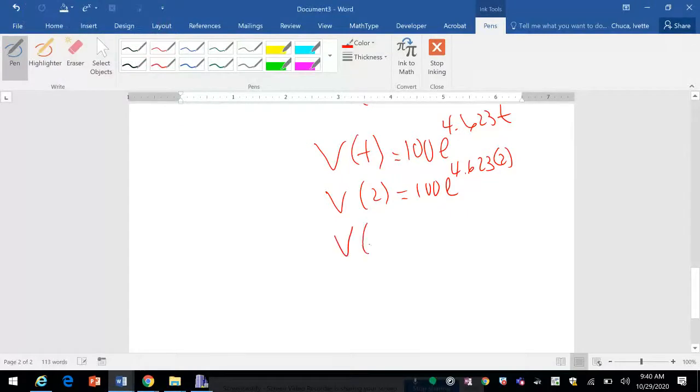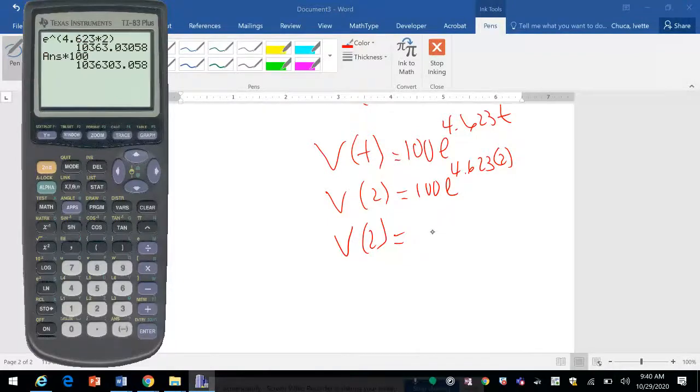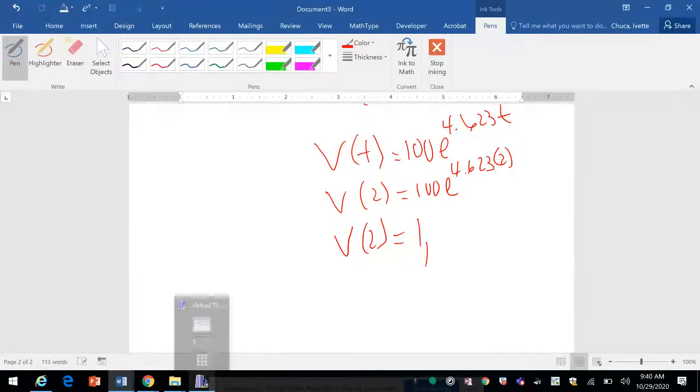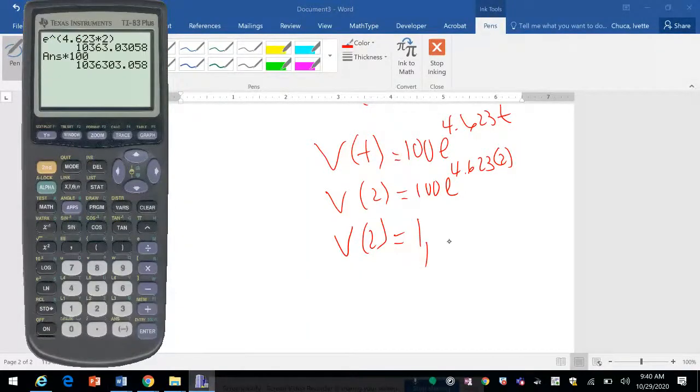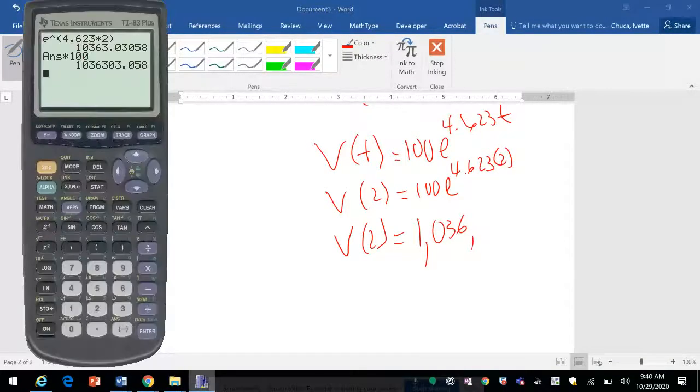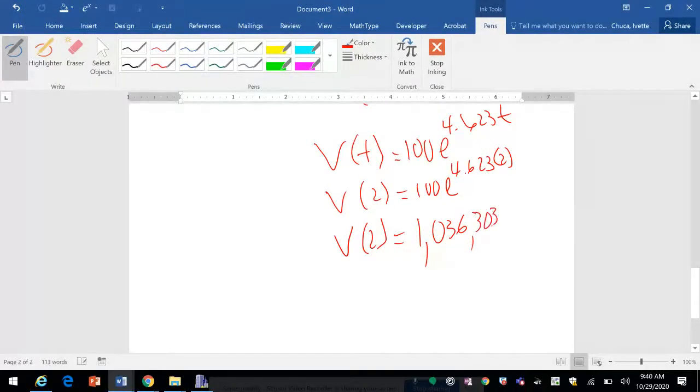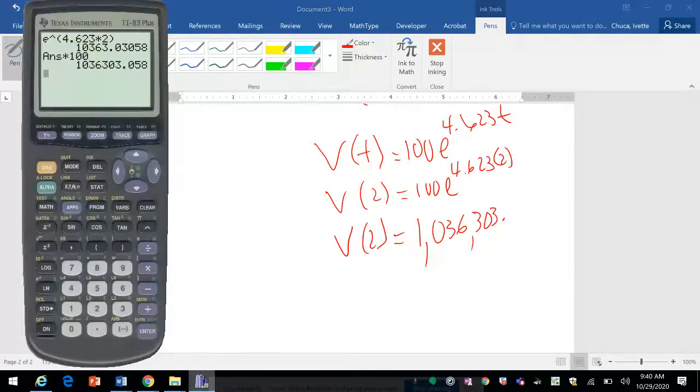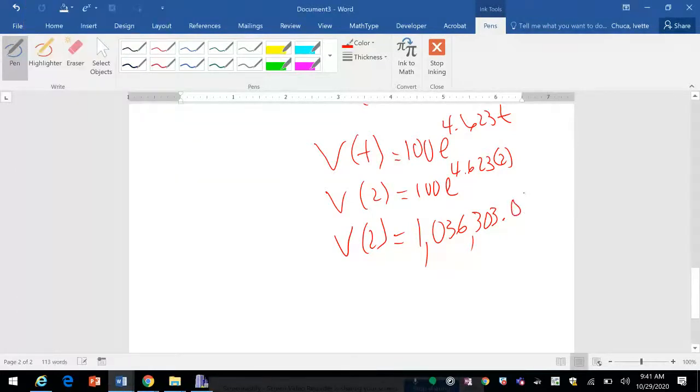So V of 2 is equal to 1,036,303 with 0.6.